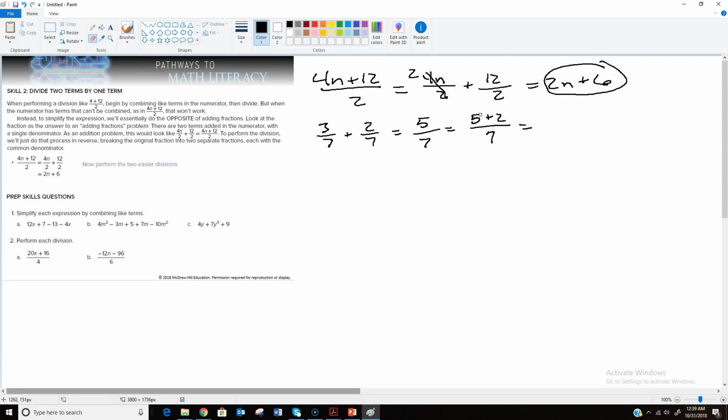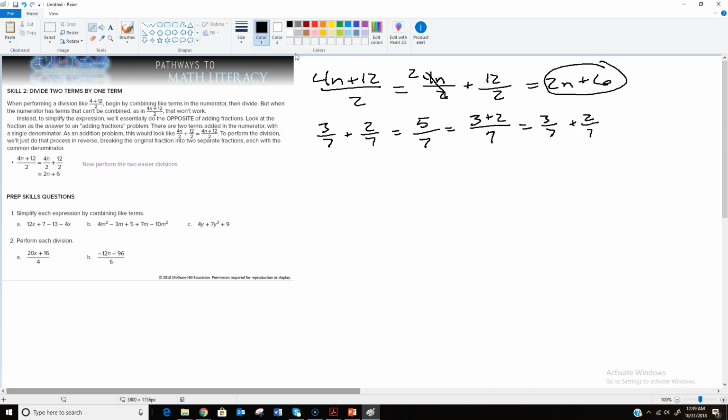Hold on just a second. I meant 3 plus 2. And then we could change that to 3/7 plus 2/7. So this is the process that we've done. We've taken something that was split and then put it together, or put it with the common denominator in 2 parts. So we'll look at the prep skills questions.